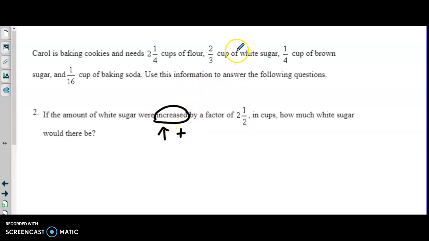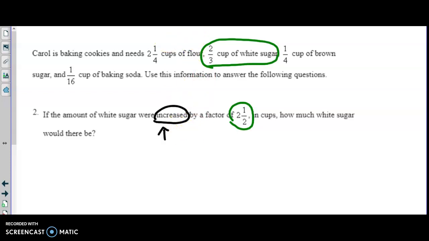So if we start off with our regular white sugar, and we want to increase it by 2.5 cups, how much white sugar would there be? Y'all, I just realized I read this problem wrong. It doesn't say we're increasing by 2.5 cups. It says we're increasing by a factor of 2.5. That was a reading error on my part. That does make a difference. Oops, thought I had the eraser.